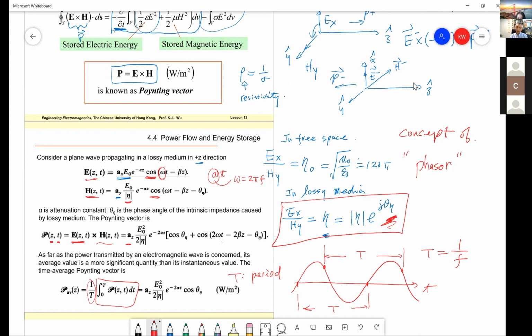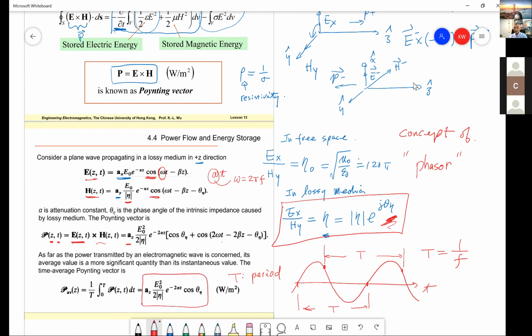That makes sense if your T is very small. Then your integration, no matter what, will be very small. Then I divide by the very small period, so the ratio is not very small. After you take the integration and the average, you get a constant value.